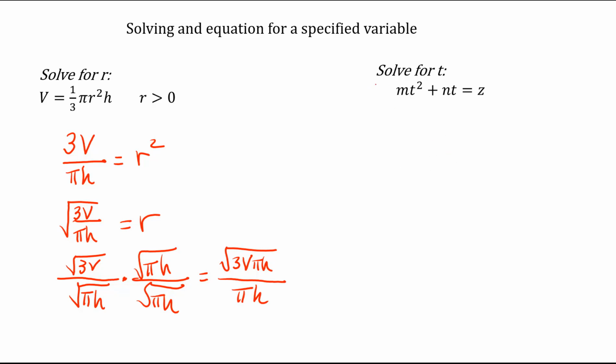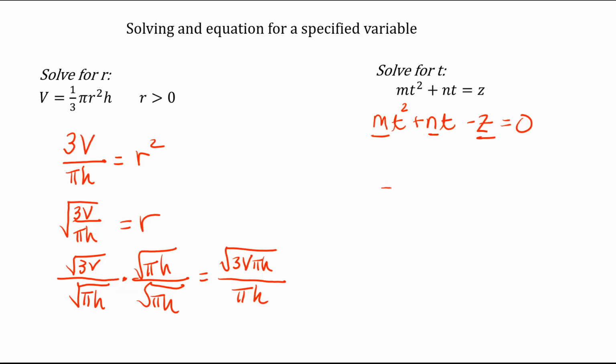Okay, this next one says solve for t. And so we have mt squared plus nt equals z. So we want to get t by itself, but no matter what we do, we're not going to be able to get t by itself because this is quadratic. So what we're going to have to do is get everything on one side and use the quadratic formula. So we're going to subtract z on both sides, and now we can use the quadratic formula. M is our a, n is our b, negative z is our c.